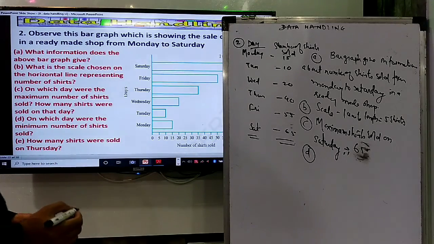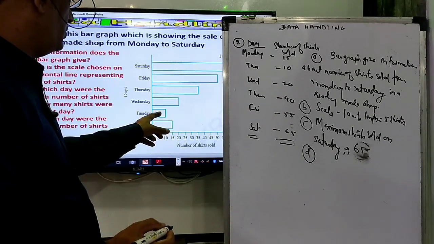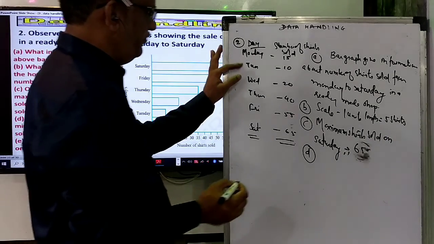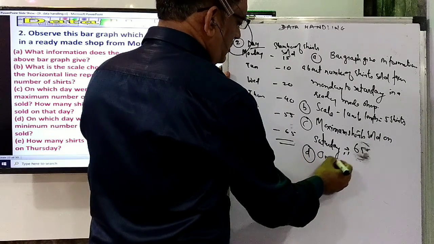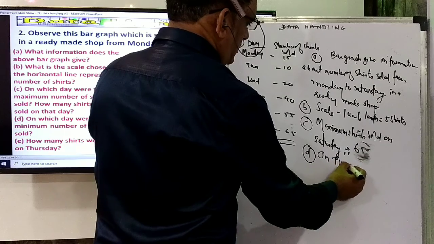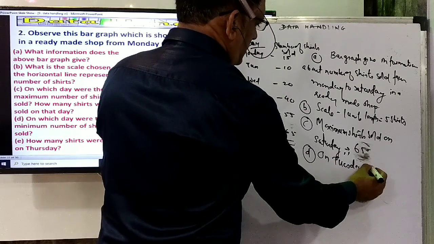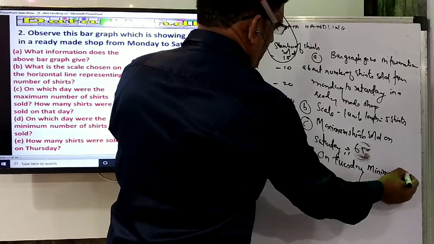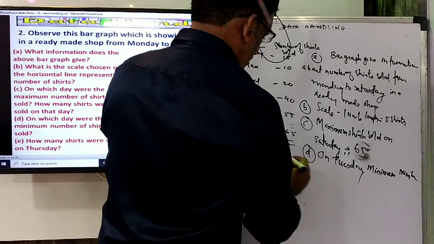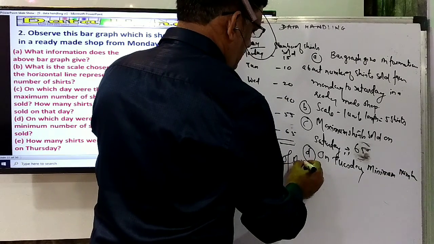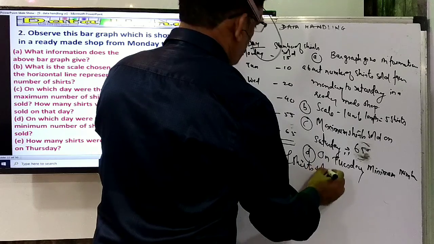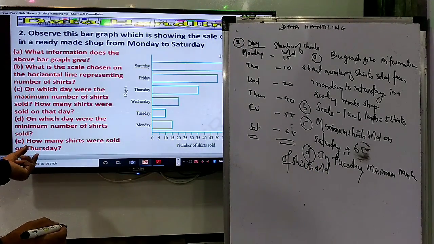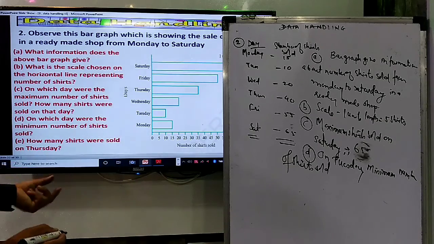On which day was the minimum number of shirts sold? Tuesday, minimum number of shirts sold, that is 10. And the last question: how many shirts were sold on Thursday?